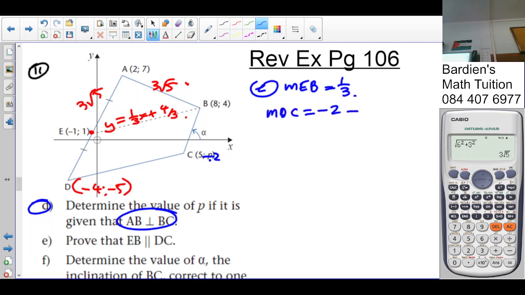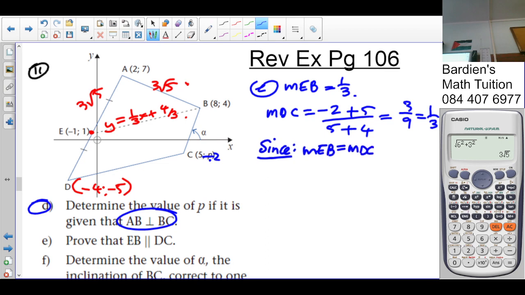So it's minus 2 minus minus 5 over 5 minus minus 4. So that gives us 3 over 9, which is a third. Can you see that? So what do I conclude? Since the gradient of EB is equal to the gradient of DC, which is equal to a third, therefore EB is parallel to DC. Okay.